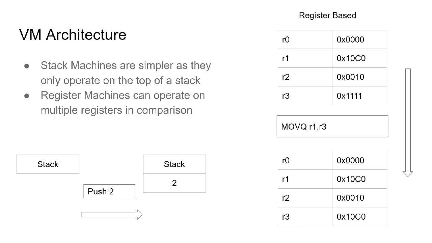You move R1 to R3, and as we see, it basically just copies the value. So the core difference between stack and register is that in stack-based machines, you're only allowed to access the values at the very top of the stack, while in register-based architecture, you're able to interact with any value within the registers.